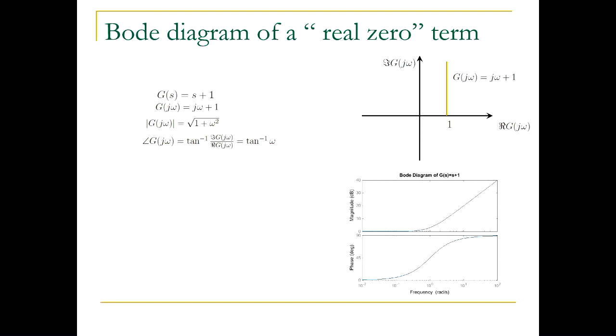So what is the frequency response? It looks like this, right? And the Bode plot looks like this. So for small omega, note that the magnitude is close to 0, but that's in decibels. So what is the true magnitude of this transfer function? It is close to 1, because the logarithm of 1 is 0.